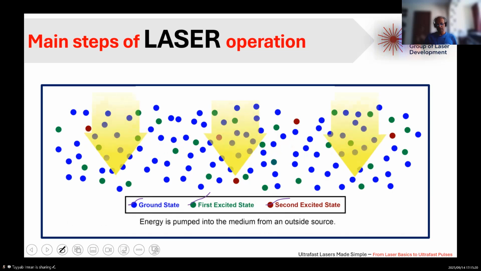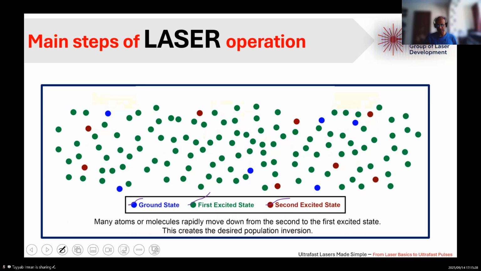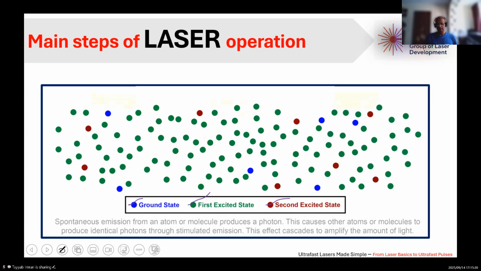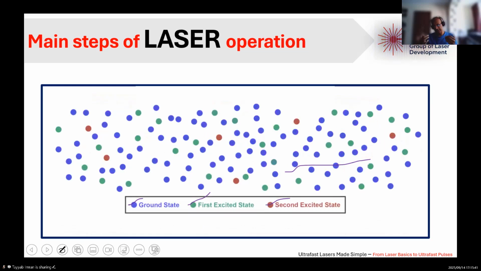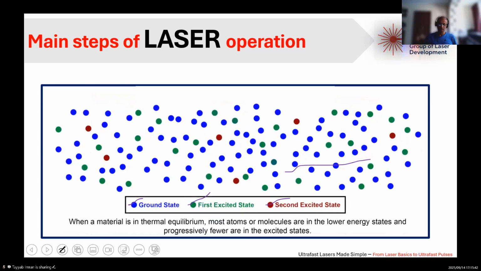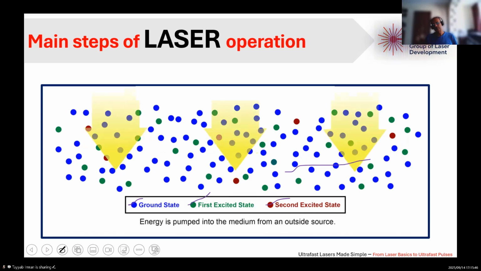You can see when the ground state is more populated, and after that, the second excited state and then the first excited state. When the green one is in the majority, you can see the photons are generated and they start moving to and fro. And then it's de-excited again, so the ground state is populated again, and the same process is repeated.